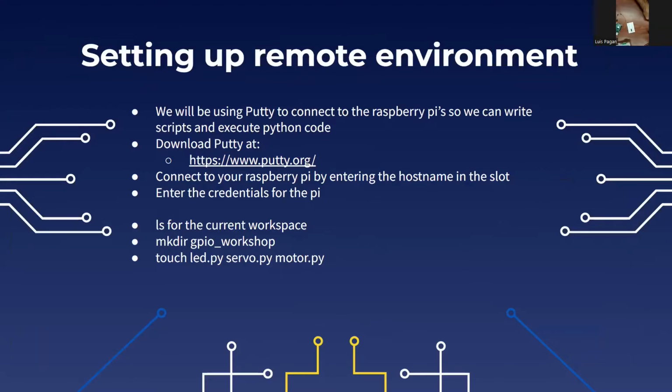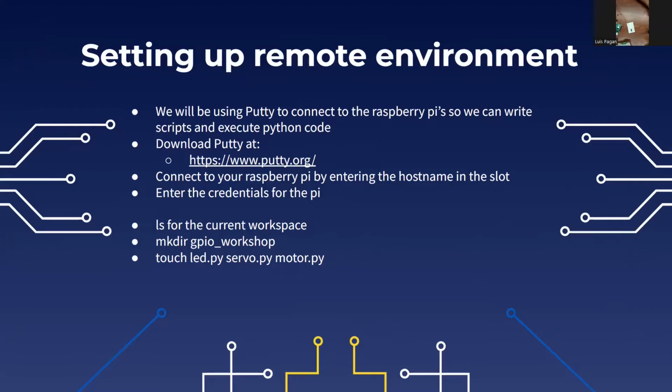This is actually going to be a little different than when you're working in the lab. One way you can connect to the Raspberry Pi via SSH is using PuTTY. You'll download the PuTTY app, put in the host name or IP address of the Raspberry Pi, and then enter the credentials.